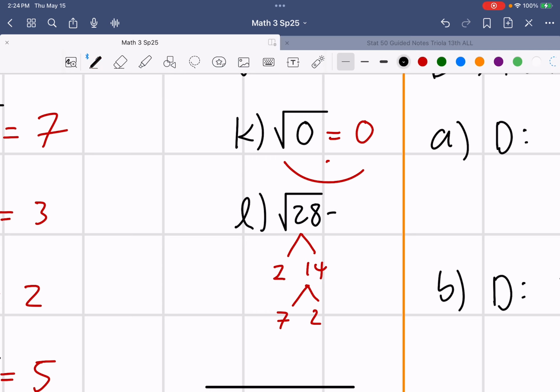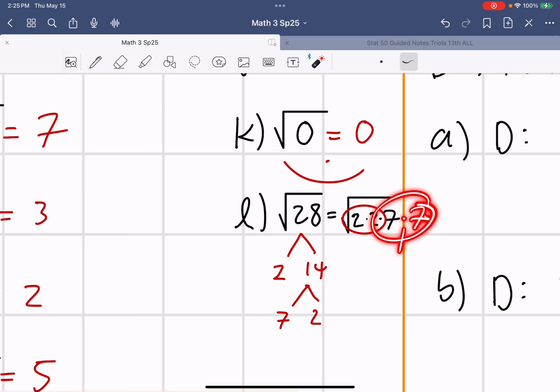So that means the prime factorization is 2 times 2 times 7. The square root, remember, is looking for 2 numbers that are the same, or groups of 2 numbers. I have one group here, but I don't have a second 7 that would allow it to simplify outside of this radical.